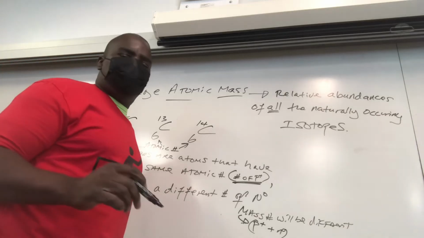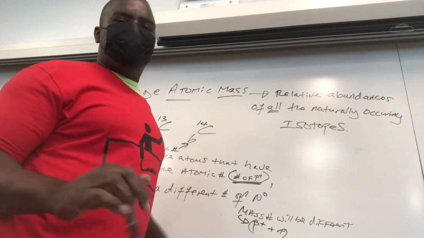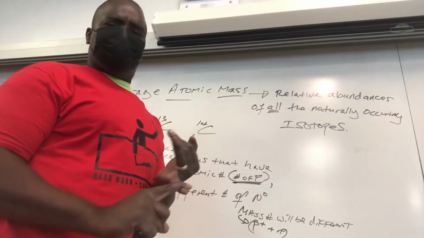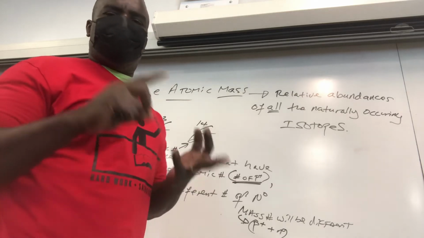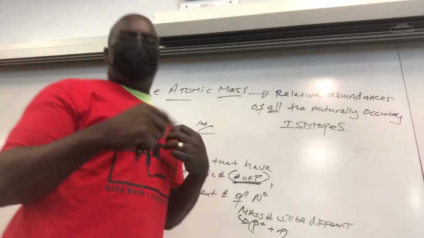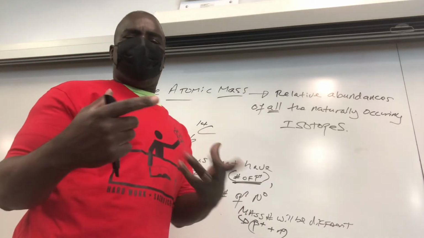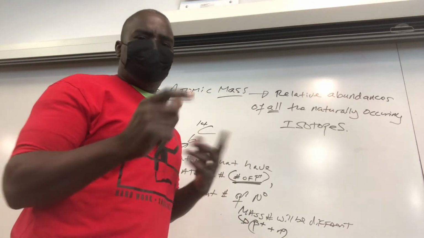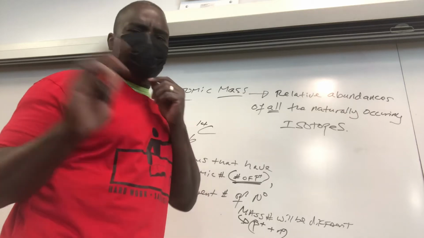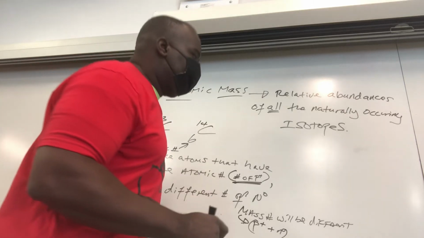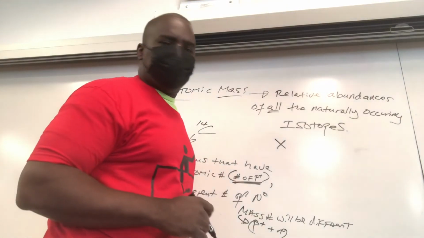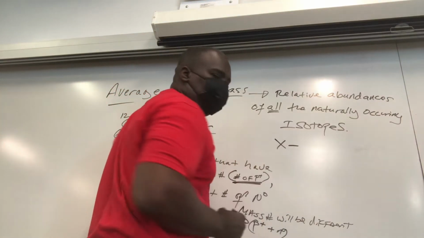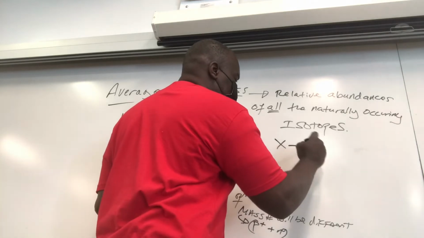What's going to happen, ladies and gentlemen, is they will give you the actual isotopes, the masses of them, and the percentages of them. And they always ask you what the average atomic mass is, based on the information they give you. So I made up some values. We have some element X with a mass number of 36.